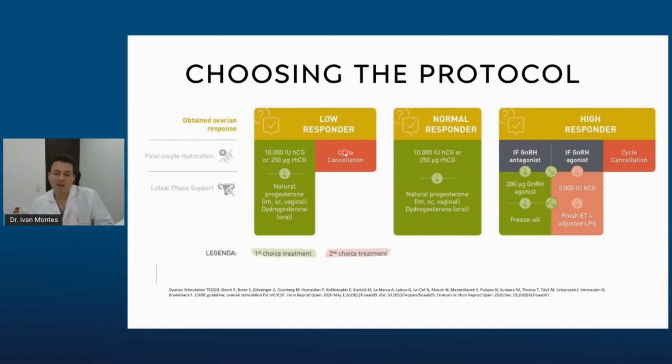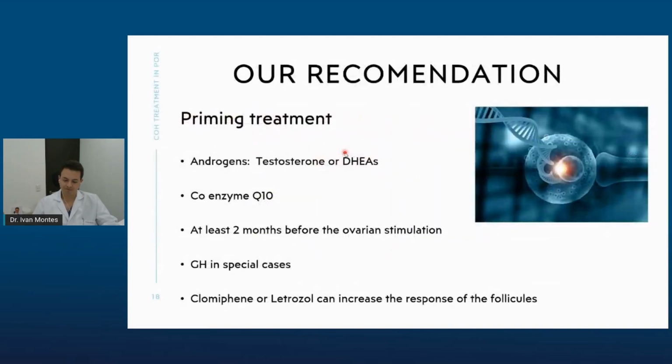So we recommend that you don't cancel the cycle when you have at least 1 follicle that can be retrieved. The only reason to cancel the cycle would be that she doesn't have any response. In that case, we will recommend to cancel the cycle, and it would be preferable to think about egg donation for this type of patients.